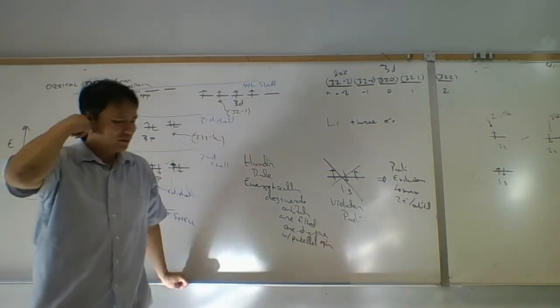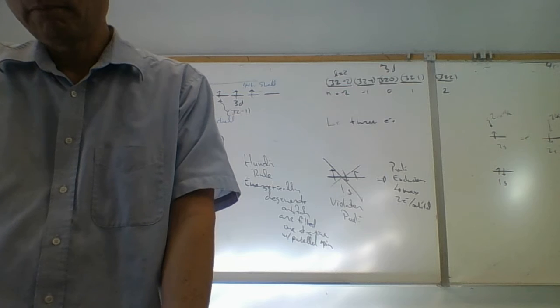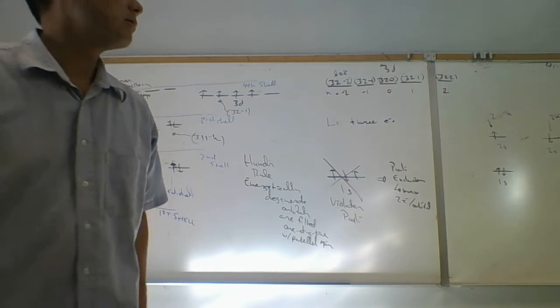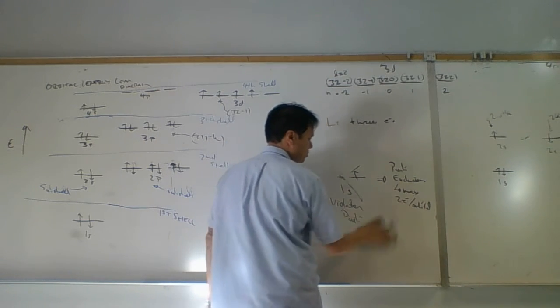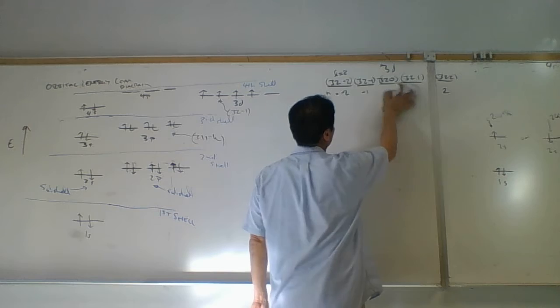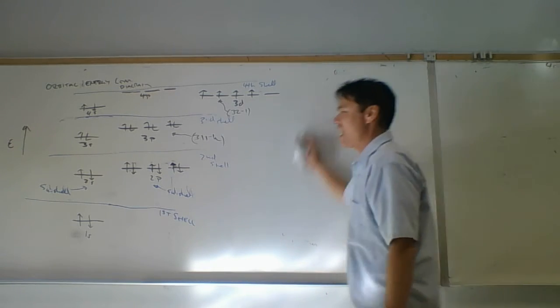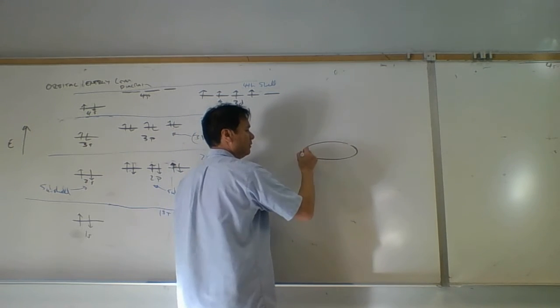But the 3d orbitals, if you look at all the 3d orbitals, then it's like a ball. And this has to do with symmetry. If you have half a cake, how do you visualize half a cake?